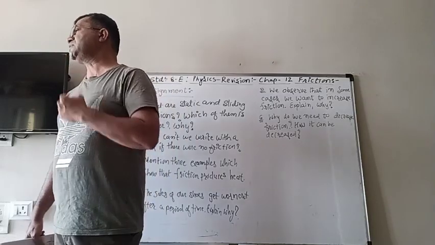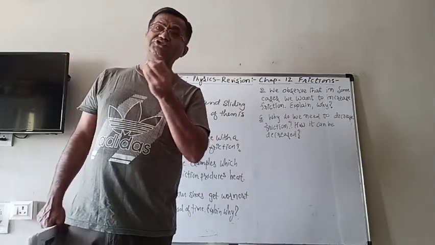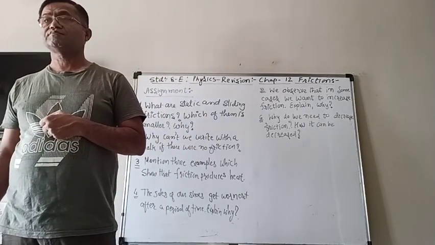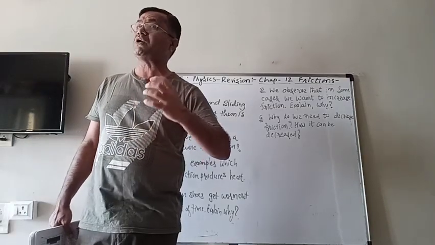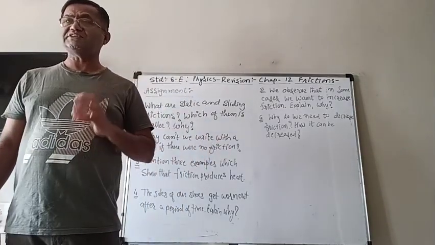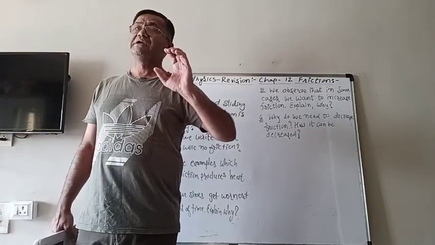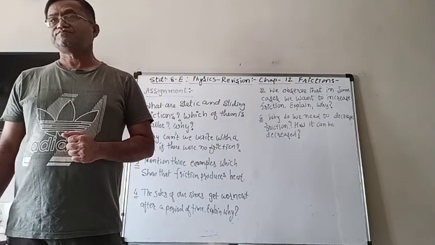Similarly, if you see the tires of vehicles, they have grooves, some designs. Why are there grooves? So that they have more friction such that the vehicles can run easily on the roads.